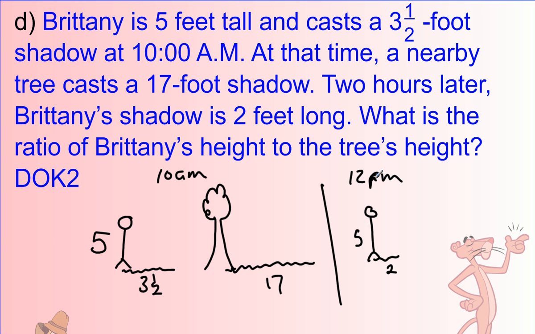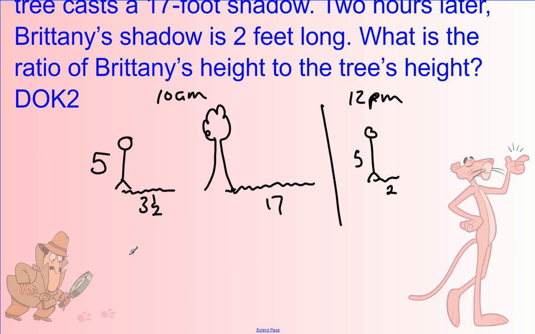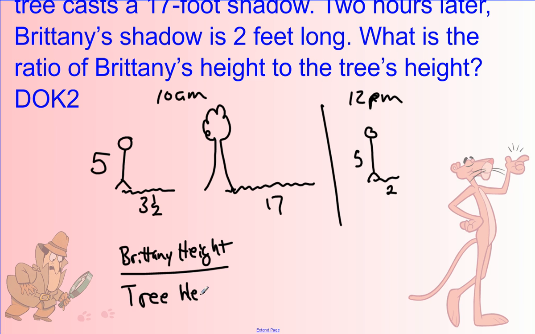We need to find the ratio of Brittany's height to the tree's height. In order to write a ratio, we need to know both pieces. We need to know the ratio of Brittany's height over the tree's height. If we can plug in a number here, which is 5, that's Brittany's height, she's 5 feet tall, and a number here, we would have our ratio.